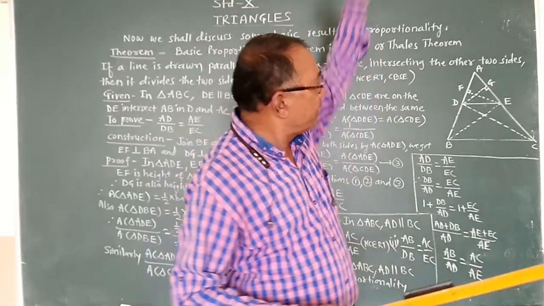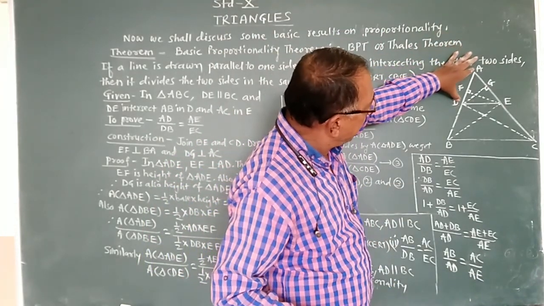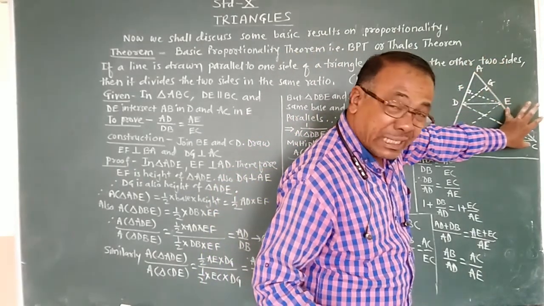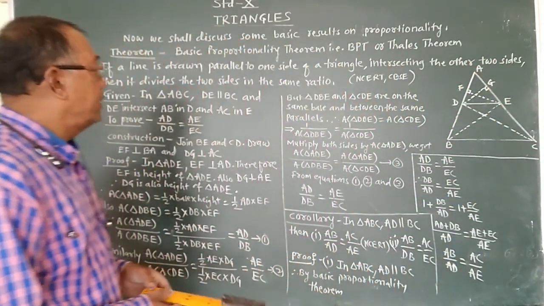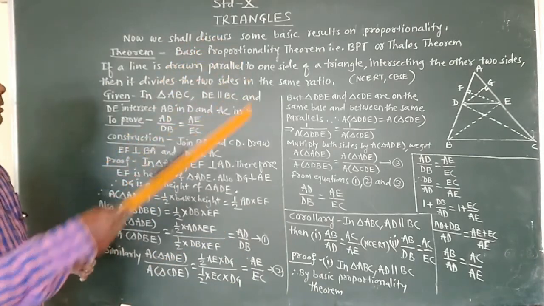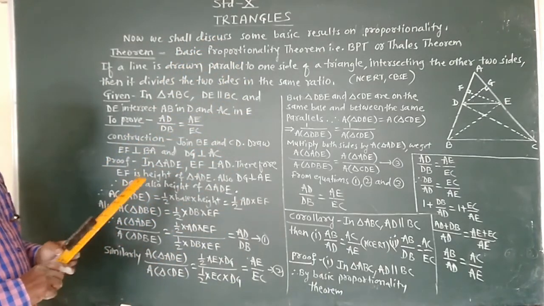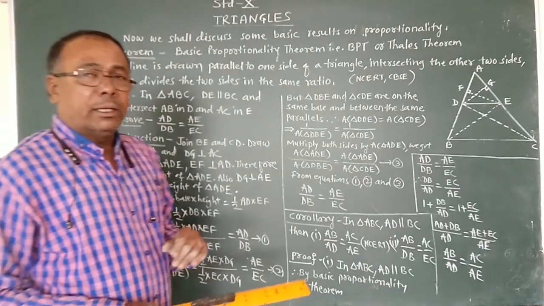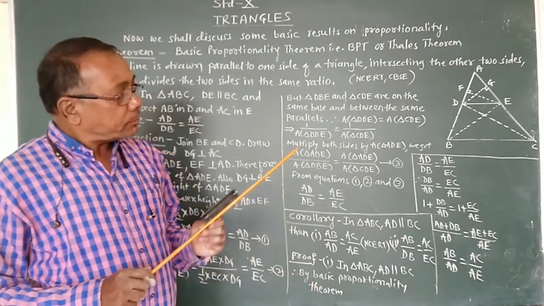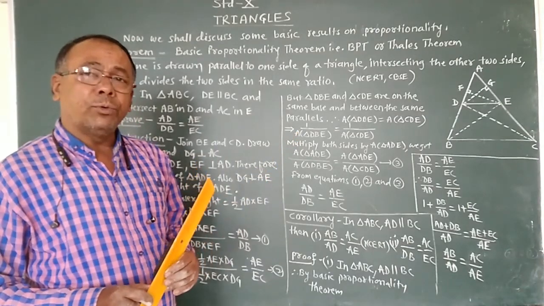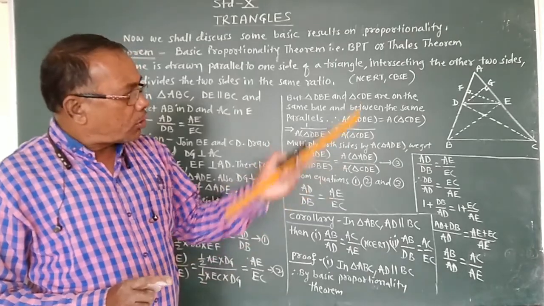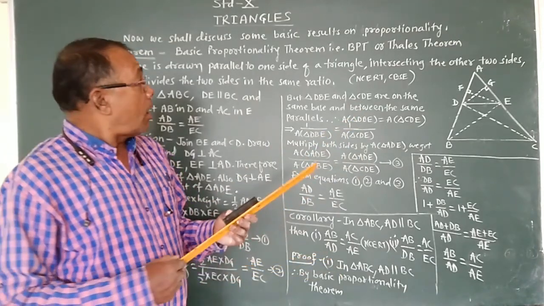Therefore we have to prove that AD upon DB is equal to AE upon EC, and so we first consider the given of this theorem.